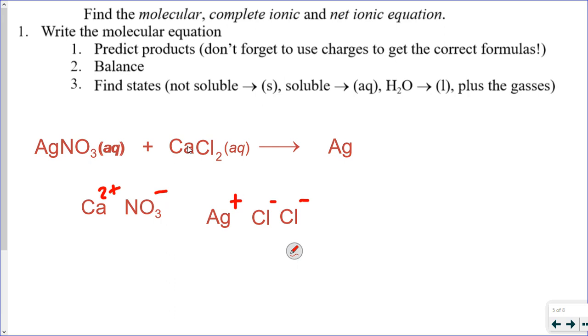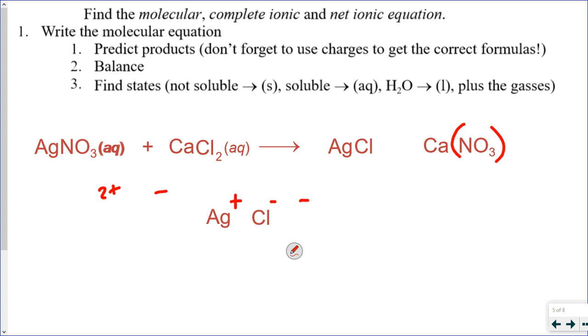So we have to find out, based on the charges in step 1, what the correct formulas are. Now Ag is a +1, Cl is a -1, so it's just going to be one of each. We're going to form AgCl. And then the calcium is a 2+, with the nitrate that is a -1, we need 2 of those.